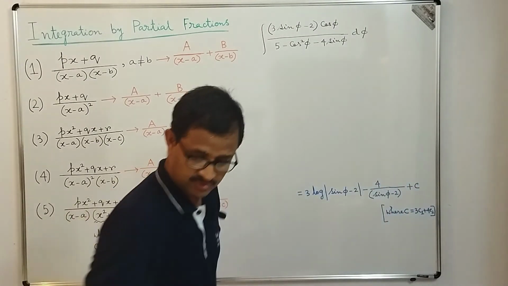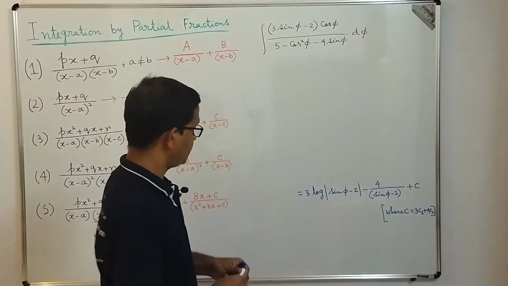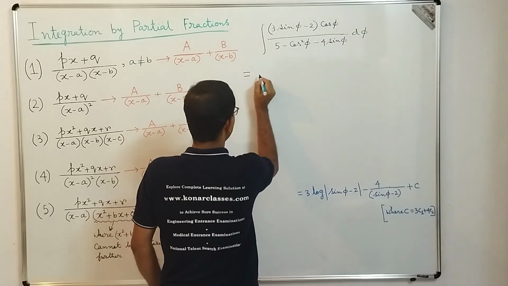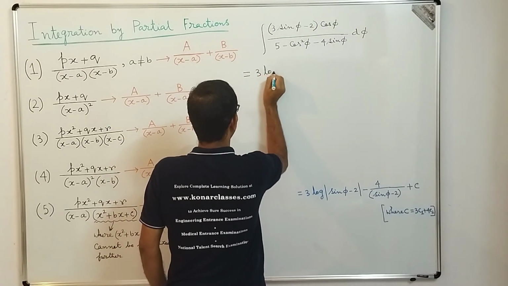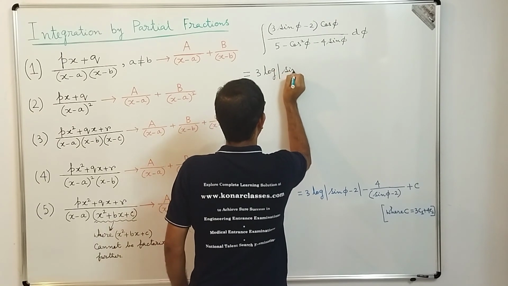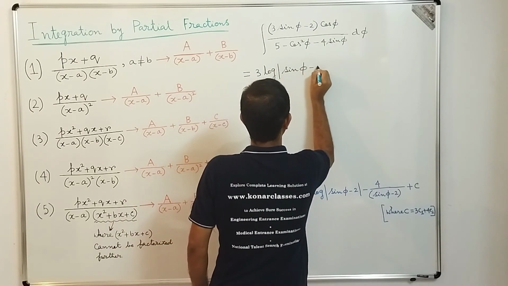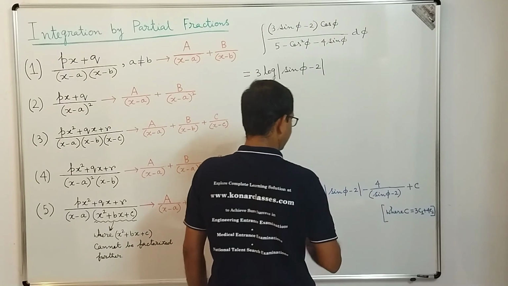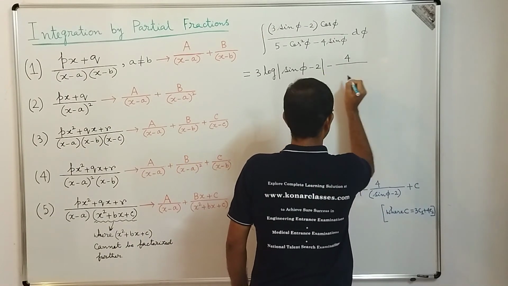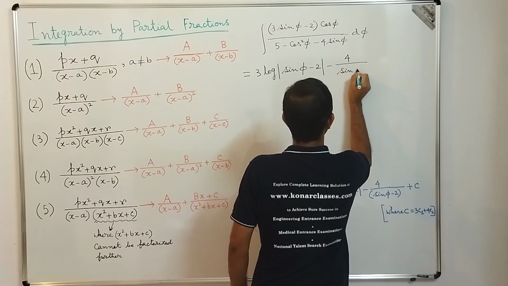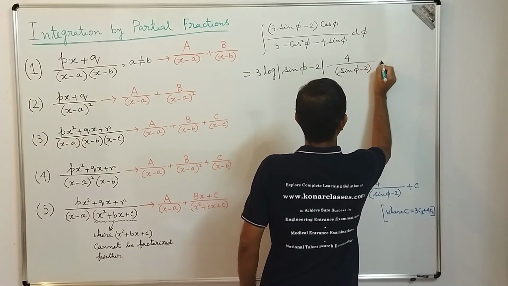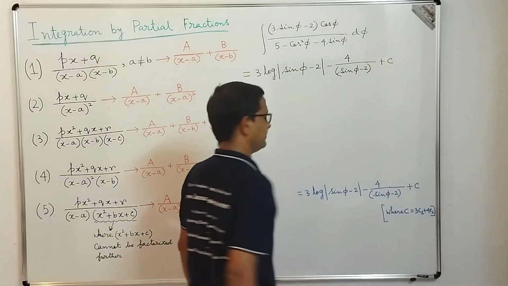So this is equal to 3 into log of mod sin phi minus 2, minus 4 by sin phi minus 2, plus C. We are done.